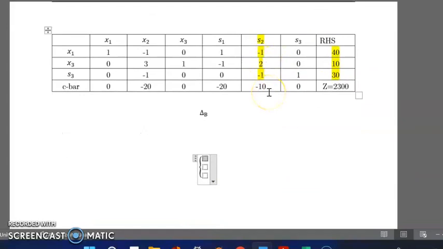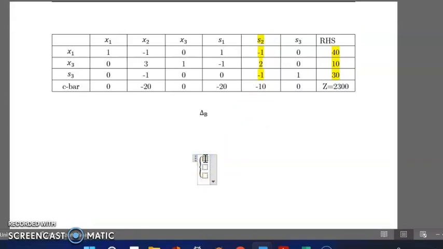And we also know that the parameter delta B and S2 have the same coefficients in the standard form and continue to have the same coefficient until the optimal tableau.